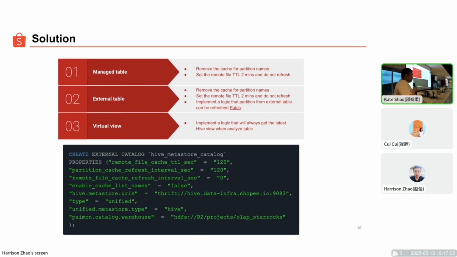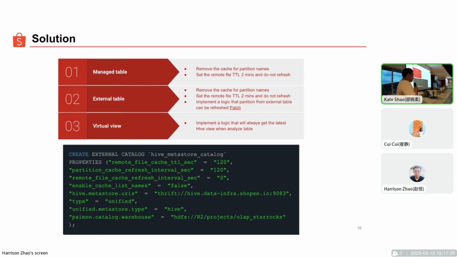From our daily DoD, we found that, for example, when some user writes some data into a new partition and then they use StarRocks to query the table, they might not get the latest partition data. After we debugged the case, we found that it is mainly because of the partition name cache. And so here, the fix is that we will remove the cache for the partition name.